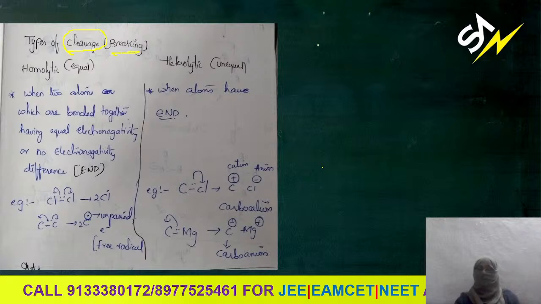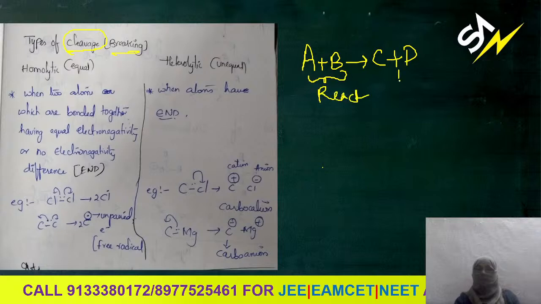In organic chemistry, A reacts with B and gives C plus D. That means these molecules are combining, and they are called reactants. The ones which are forming are called products.